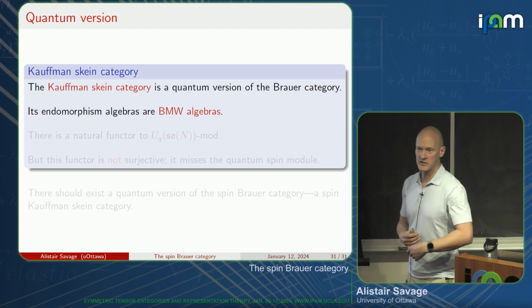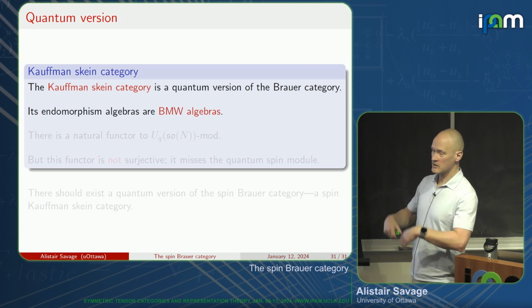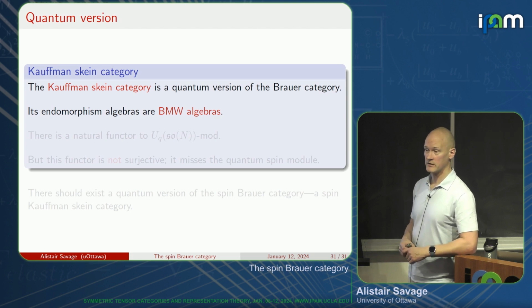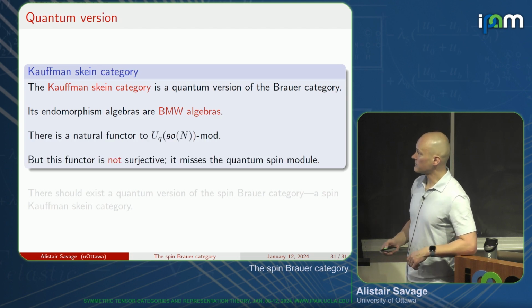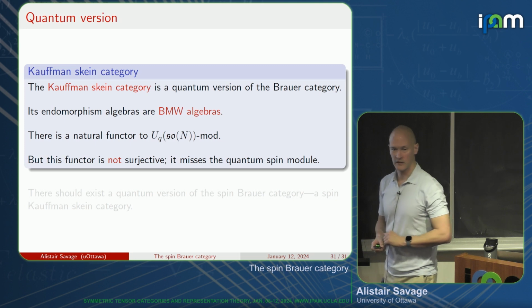And then there should be a quantum version of everything. There's a Kauffman-Skein category, which is a quantum version of the Brauer category, where your endomorphism algebras, instead of being Brauer algebras, are now BMW algebras. And there's a natural functor to modules over the quantized enveloping algebra. But again, we're doing the orthogonal version here.